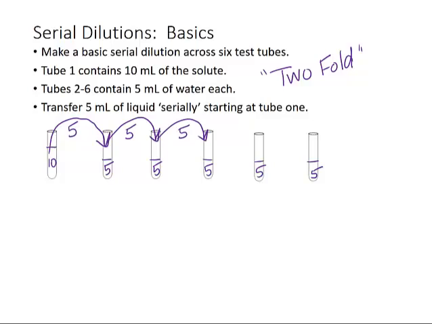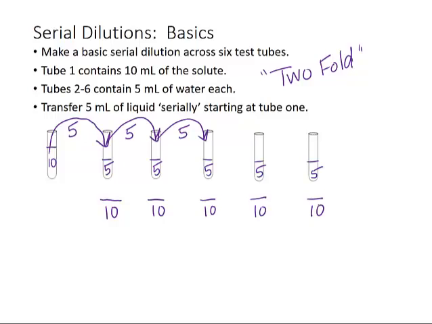Now, what's my total volume going to be in tube 2? Well, I started out with 5. I'm adding 5. So that means my total volume is 10. And notice that's going to happen every single time. My total volume is going to be 10.